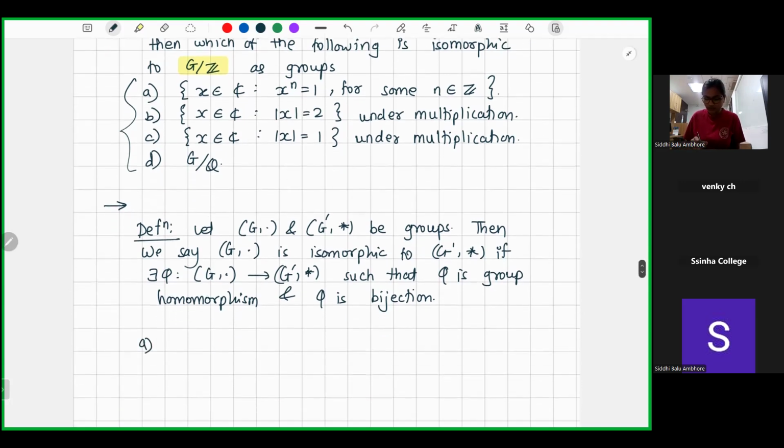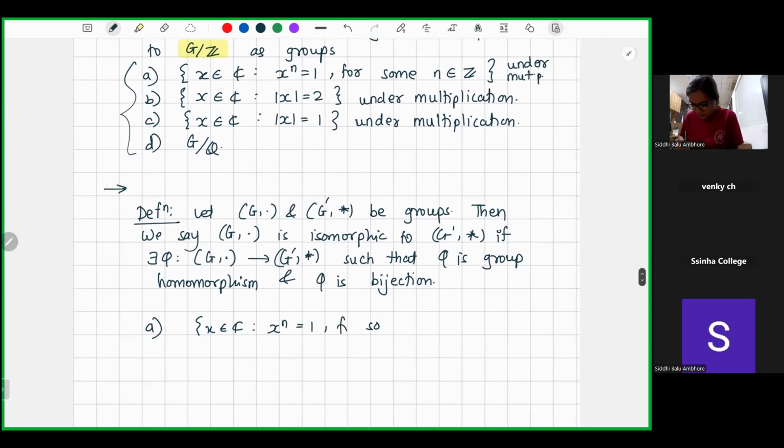What is your guess? Oh, this is also under multiplication, by the way. Someone said something in the chat: A. How can you give me an isomorphism? Let me write this.